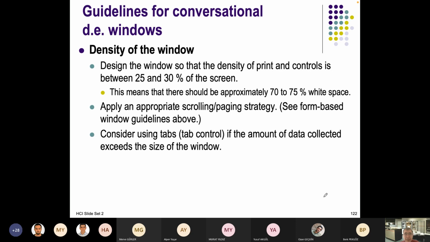If the amount of data to be collected exceeds the size of the window for a certain stage of the conversation, consider using tabs. But if it is necessary in the tab, next should go. This is the conversational window, and you have tabs.